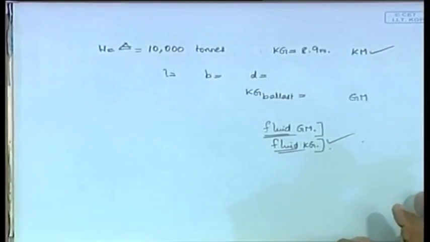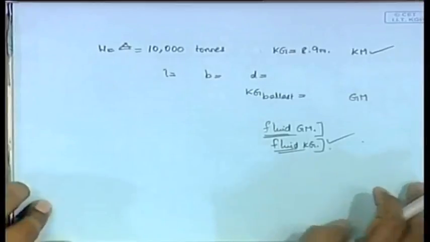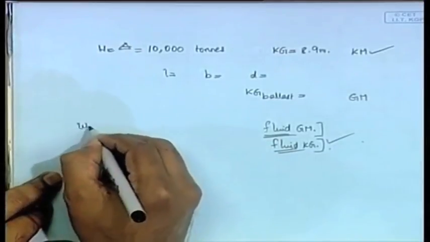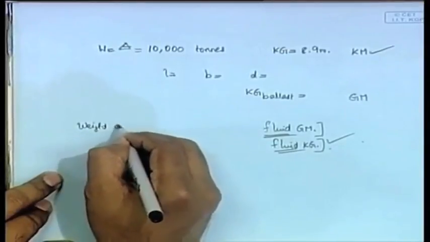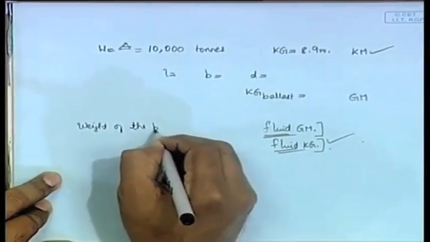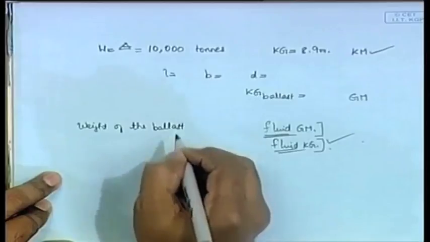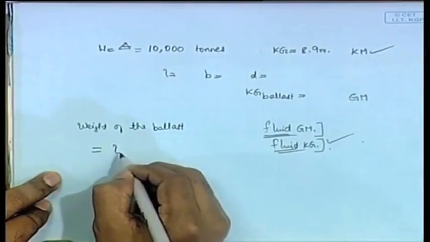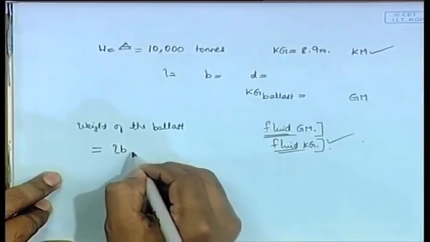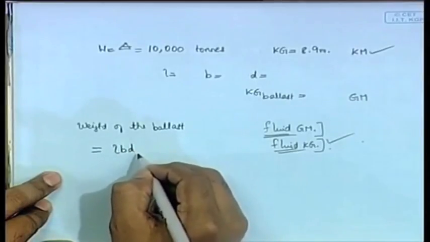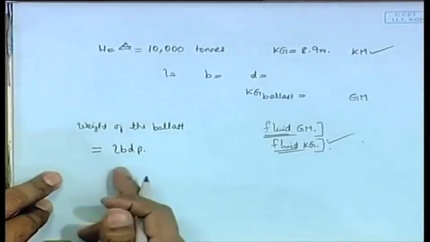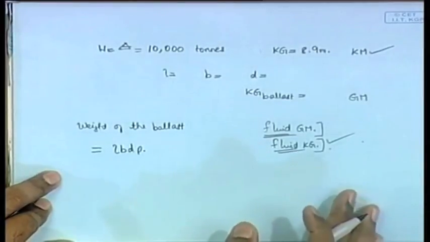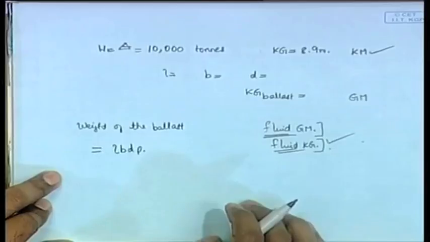Okay. Now first of all we can find the weight of the ballast. It is given by the length of the tank into breadth of the tank into depth of the tank into the density of water. You do this, you will get the weight of the ballast. Then you are given the KG of the ballast.